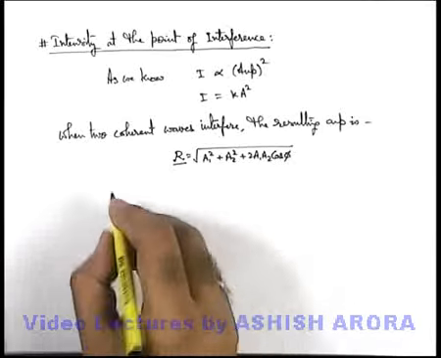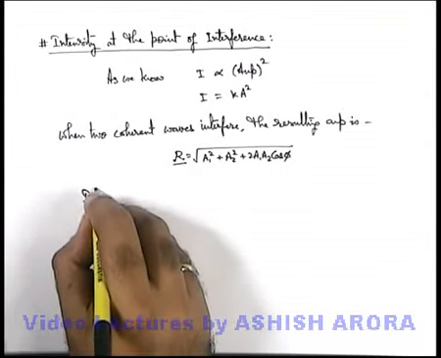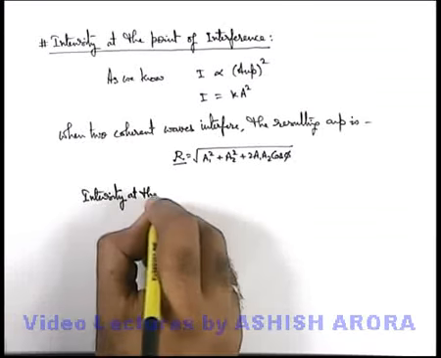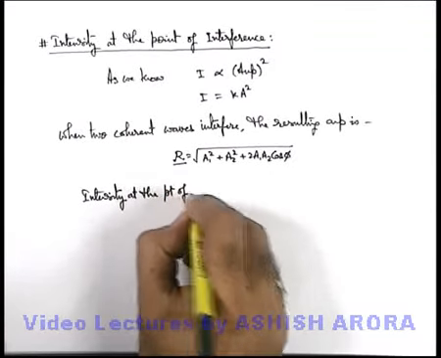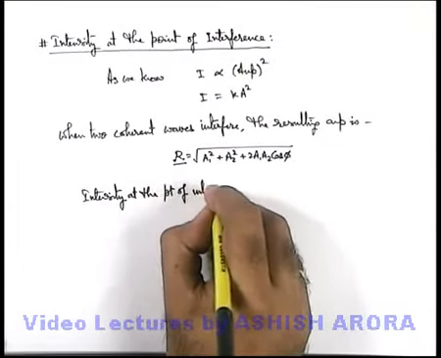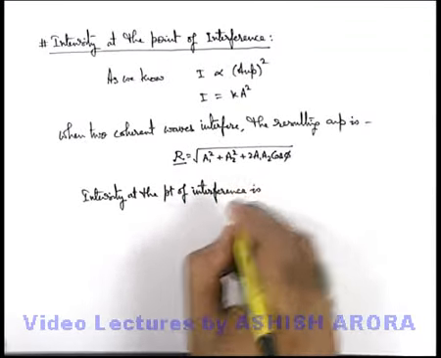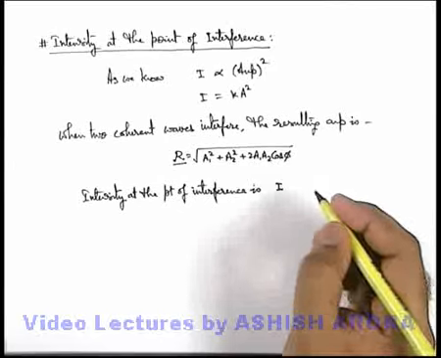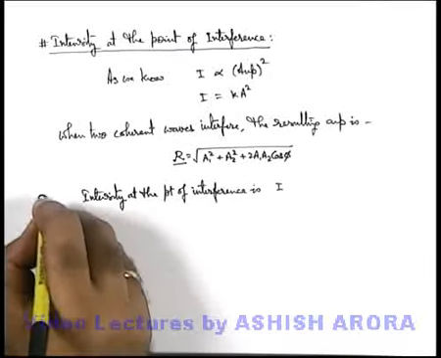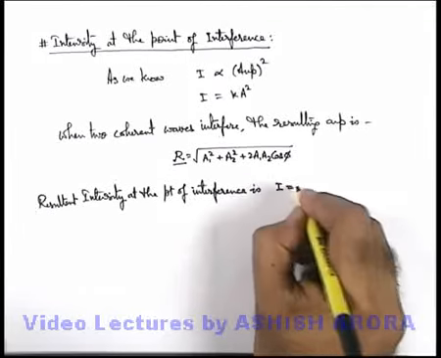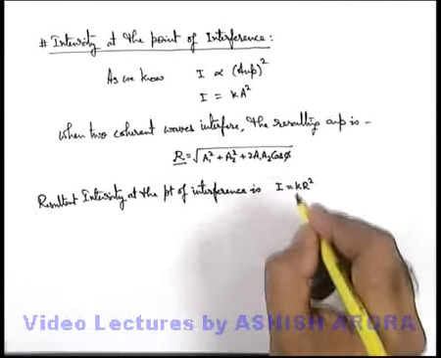So here we can state the intensity at the point of interference, which can be written as a resultant intensity, is KR².